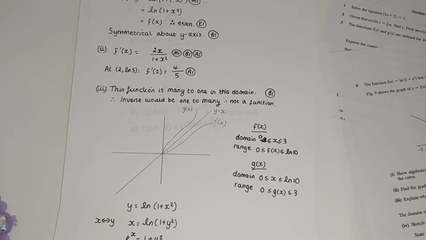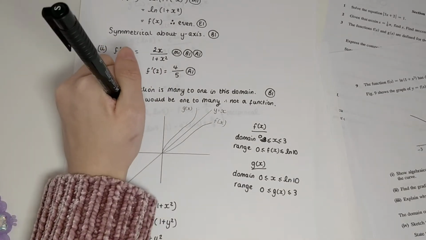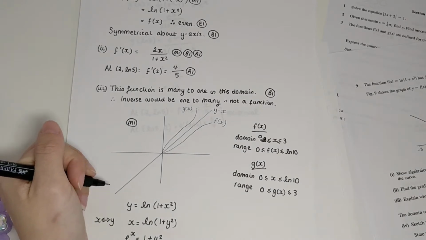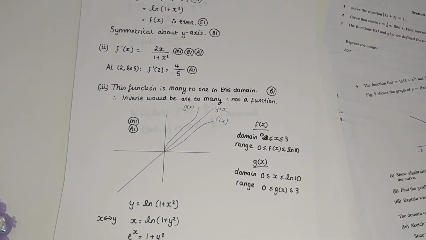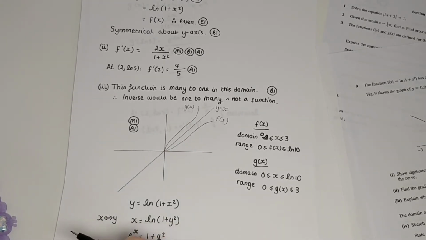I'm going to get M1 by attempting to reflect. I'm going to get A1 for reasonable shape and domain, i.e. no negative x values, an inflection shown, okay, I've got kind of a lump there, does not cross y equals x line.